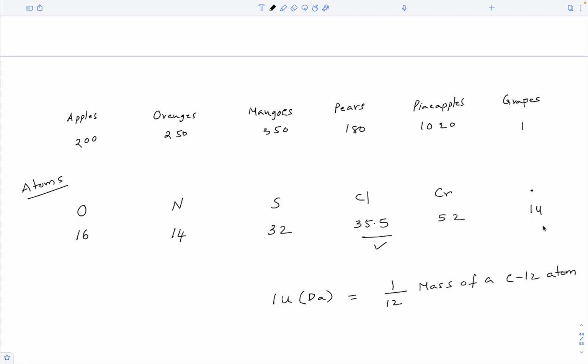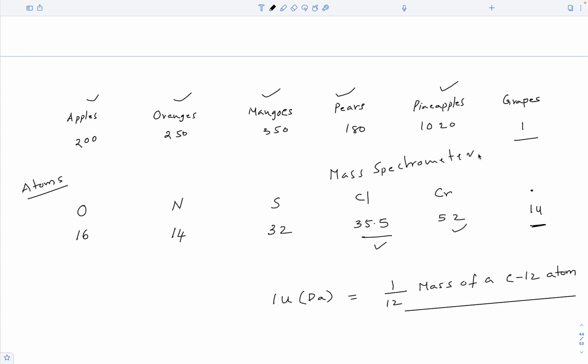So we said we take 1/12 of the mass of a C12 atom, that is one unified atomic mass unit, as the reference, just the way we took the mass of one grape as the reference to determine the relative masses of these fruits. So using this mass as reference, we determine the relative atomic masses of various elements using a mass spectrometer.